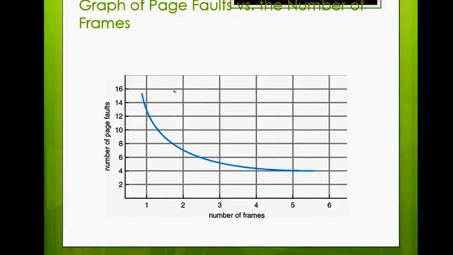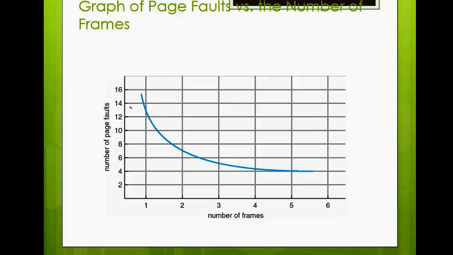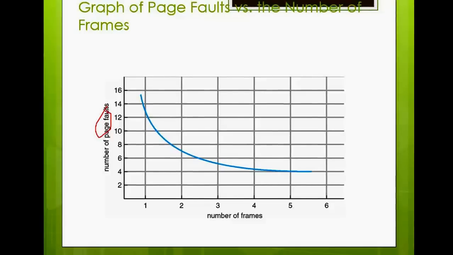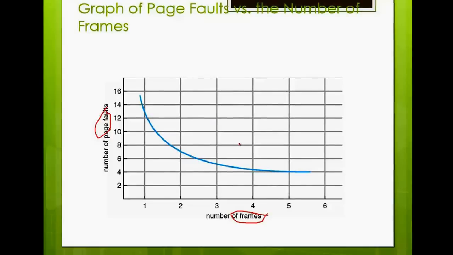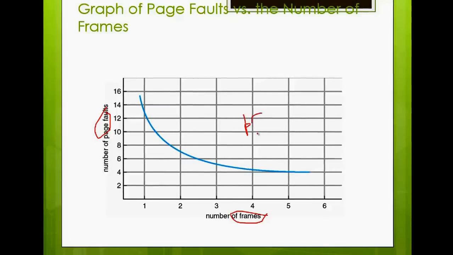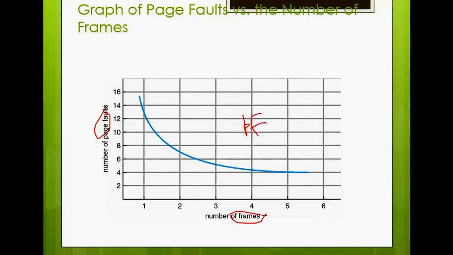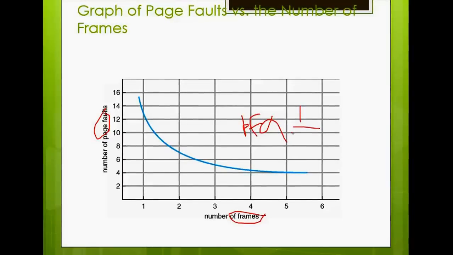The graph here shows the relationship between the page faults and the number of frames, and this gives a condition that the page fault is inversely proportional to the frames.